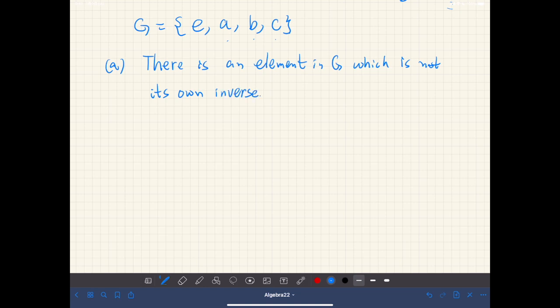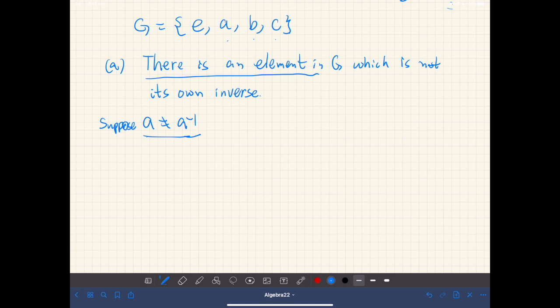So if an element is its own inverse, then A squared, for example, is equal to the identity element. But let's suppose A is not such an element. So we're assuming there is at least one element that is not its own inverse. Let's say that element is A.